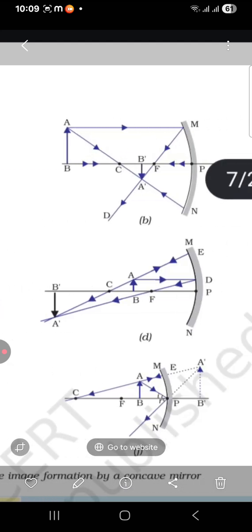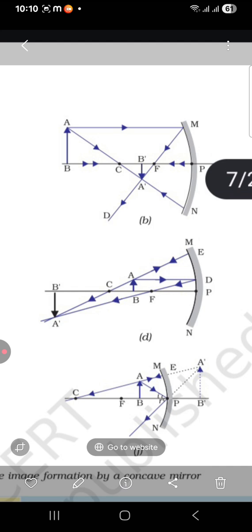And last case, when object is between pole and focus, you are seeing one line which is passing through center of curvature, another which is passing to pole, that reflect and they appear to diverge from a point A dash. You are able to see. So this is the only case in which light rays are not actually meeting, they are appearing to diverge from a point A dash.